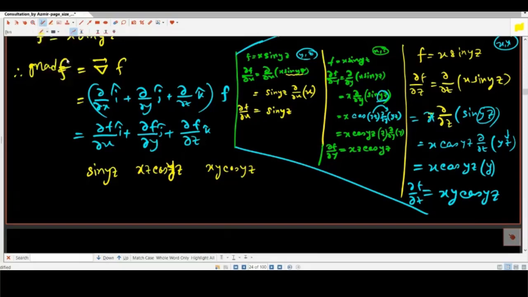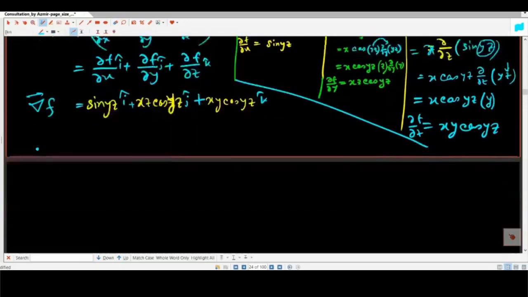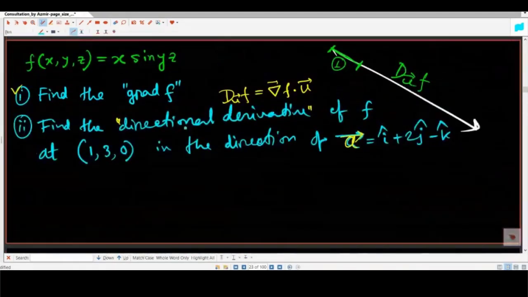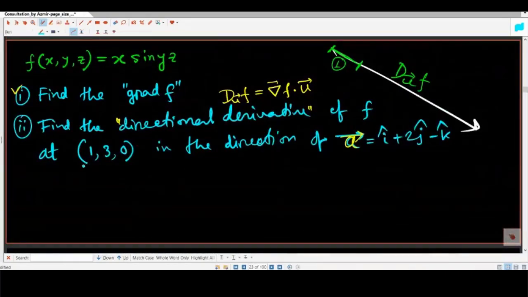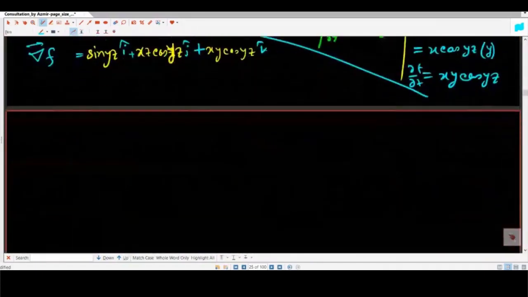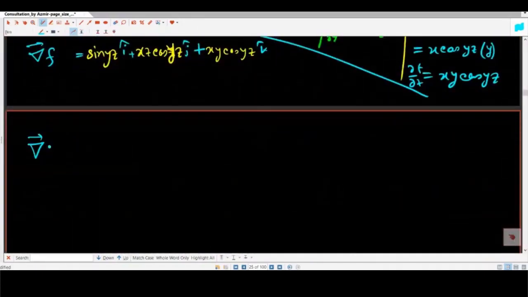So now we can input the i, j, and k. This is the gradient of f. We need to find the gradient of f at the point (1, 3, 0). This gradient is a function of three variables x, y, z.